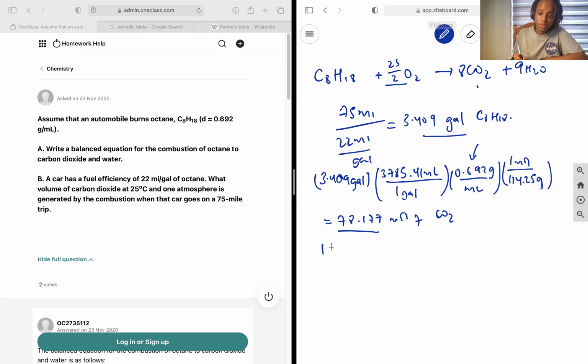And so now we know the ratio is 1 to 8 according to our balanced equation, which means that we need to multiply this by 8 to find the moles of CO2.